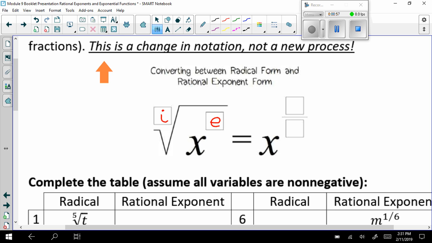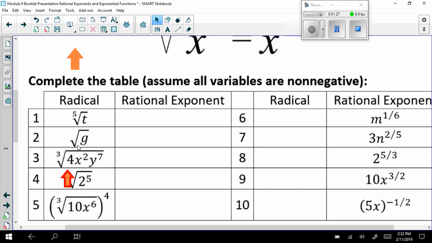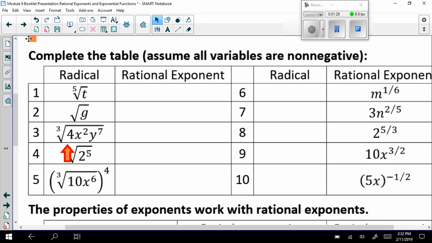I wouldn't normally use I and E because those both mean something else in math later on down the line, but I want to make it very clear that when I rewrite, my exponent is going to go in the numerator, my index is going to go in the denominator, and then that whole fraction is going to be in the exponent position. So let's take a look at converting between radical notation and rational, and then converting between rational and radical.